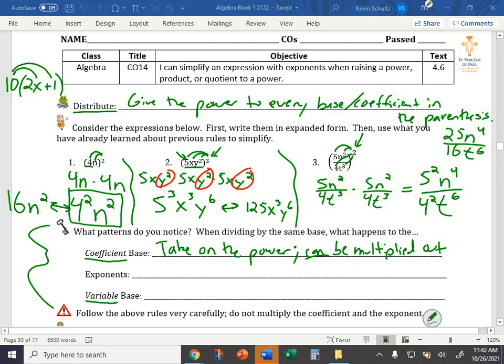You could leave them as 5 squared or write it as 25. You could leave it as 4 squared or write it as 16. You could leave it as 5 cubed or write it as 125. The important thing is any coefficient that's part of that base inside of the parentheses gets the power when you distribute that in. A variable base also takes on the power.